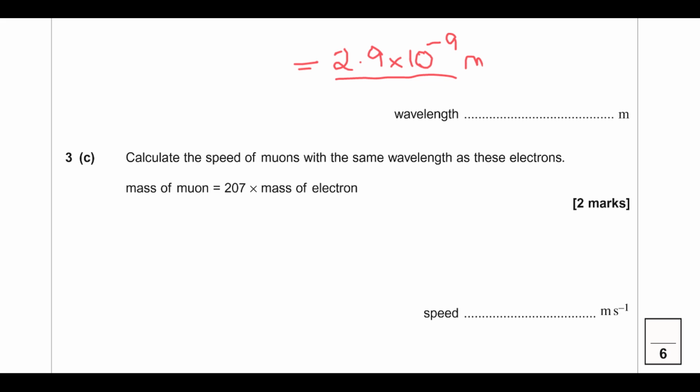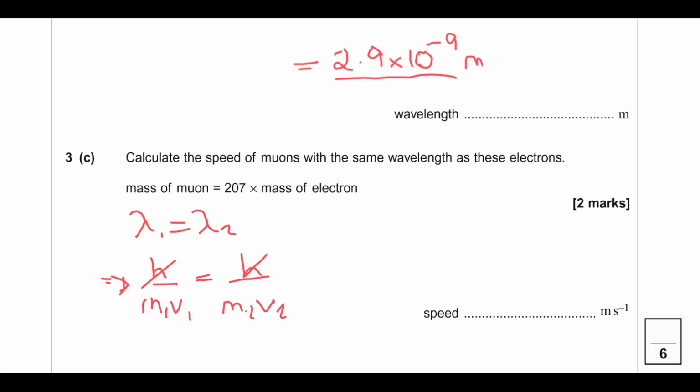So we've got some muons now with the same wavelength, but 207 times the mass, and you want the speed. So if they're the same wavelength, essentially what we can do is we can equate λ1 to λ2, which means h over m1 v1 is equal to h over m2 v2.